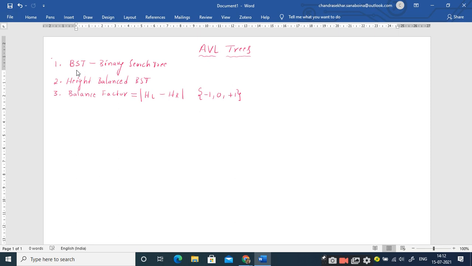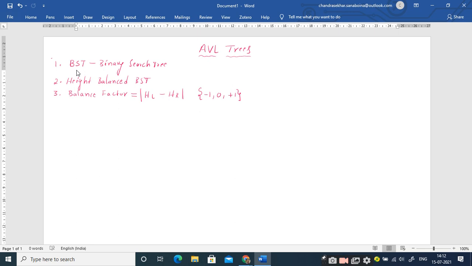In order to find that, you should individually calculate the balance factor of each and every node, and if the balance factor of each and every node falls within this category, then we say that the AVL tree is balanced in nature.